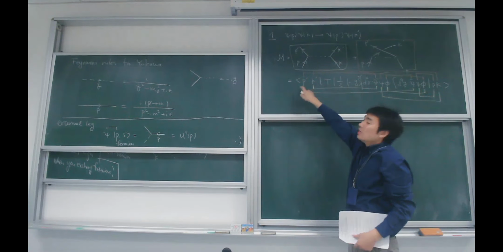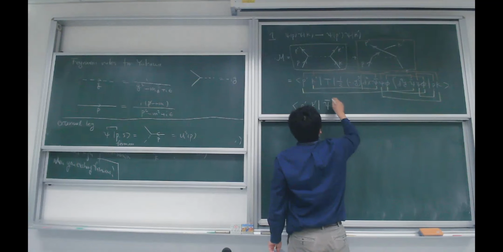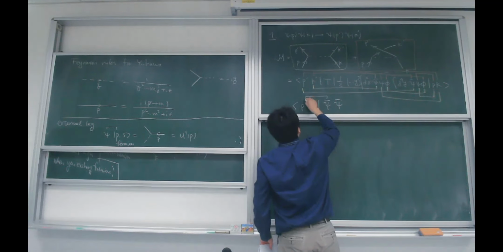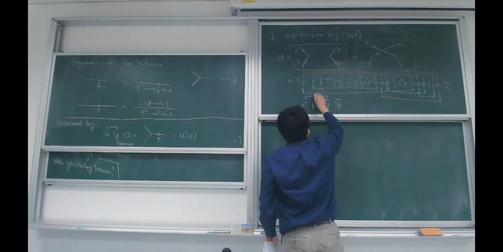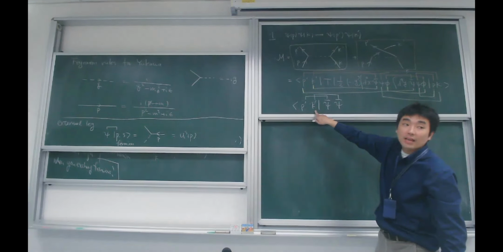So what I mean is that for P prime, K prime and psi bar, this one needs to contract first with P prime, and the second contracts with K. That is the rule. This is physicists' somewhat confusing notation.